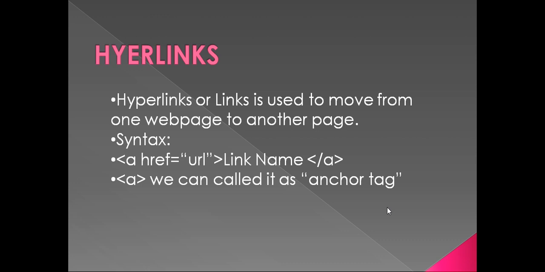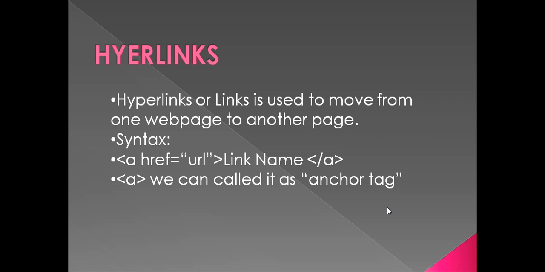There will be an opening tag and a closing tag. Whatever information is between them will be displayed in the web page. So the anchor tag will have some URL and some link name. If you click that anchor tag, it will move from one page to another page.